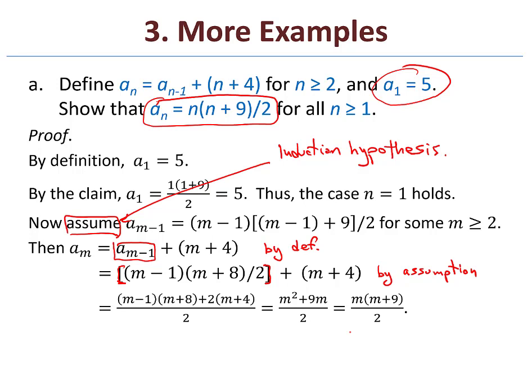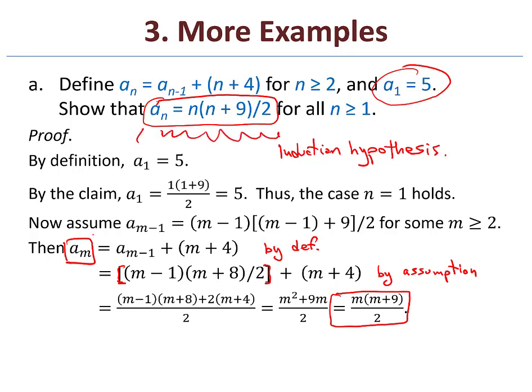All right, there's just a lot of algebra there, but look at this. By the end of all this algebra, I come up with a sub m equals m times m plus 9 over 2. That's really just like the claim, but with my n's replaced by m's.